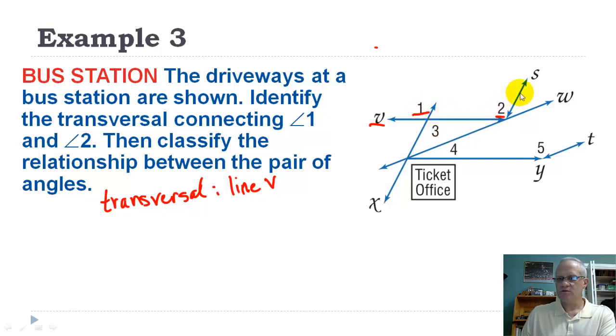Well, if you look, I'm just going to extend line S here just to make it look more like we had it before. If you notice that and you extend line V, well, this is interior and out here is exterior and exterior. And so we got one angle that's interior and one angle that's exterior.